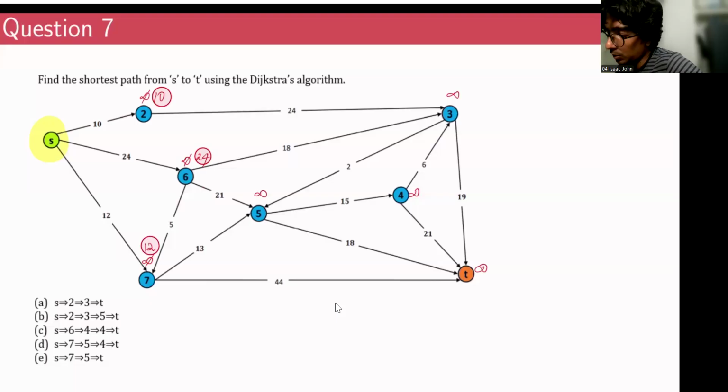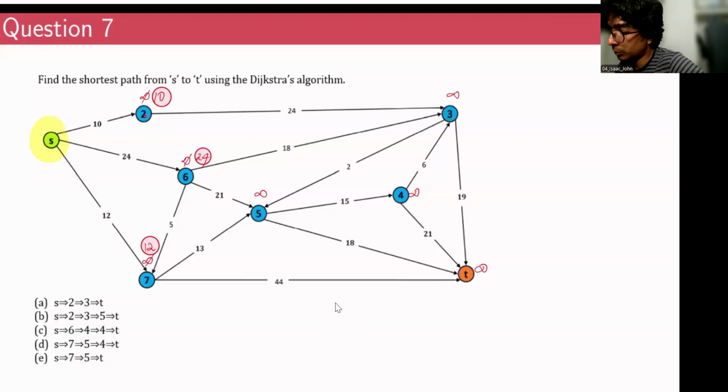So now what we are going to do is we'll expand the node which has the least cost, or the lowermost cost. Out of all these nodes, 10, 24, 12, infinity, infinity, infinity, infinity, node 2 has the least cost, right? So if I expand node 2 along all its neighbors, node 2 only has one neighbor, that is node 3.